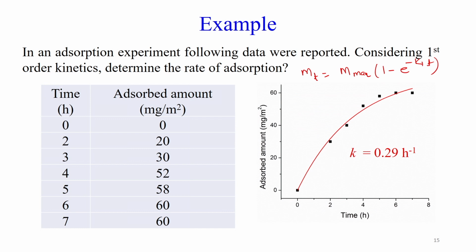So, we can fit this expression to the reported data and we can get the value of k 1, and that value is coming out to be 0.29 per hour. The other option is the graphical method, where we simply plot t versus minus ln of (m max minus m t) upon m max.